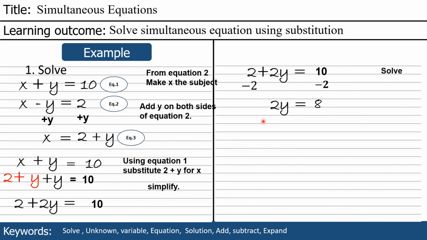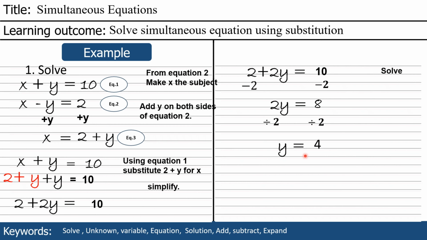Therefore, we divide both sides of the equation by 2. So on the left hand side of the equation, we divide by 2, and on the right hand side of the equation, we divide by 2. Okay, stay with me. That means y is equal to 8 divided by 2, and that is 4.